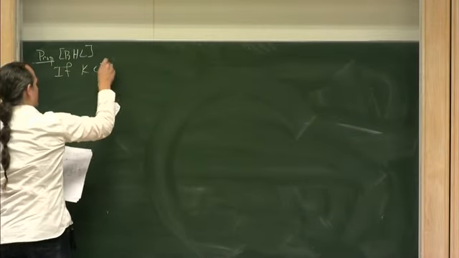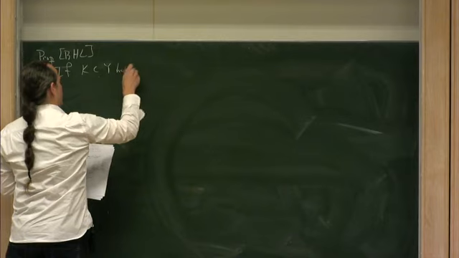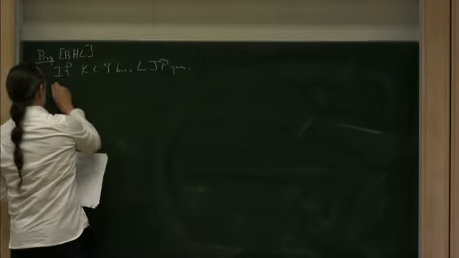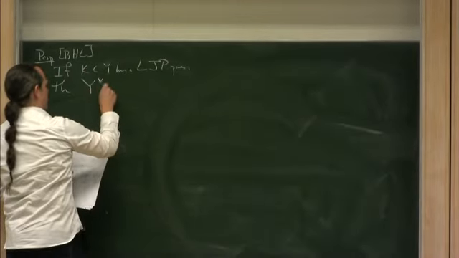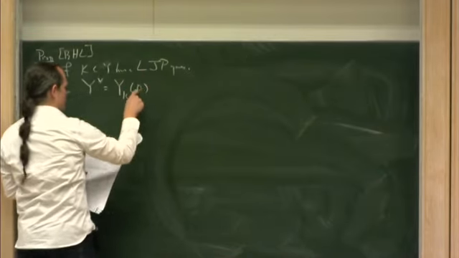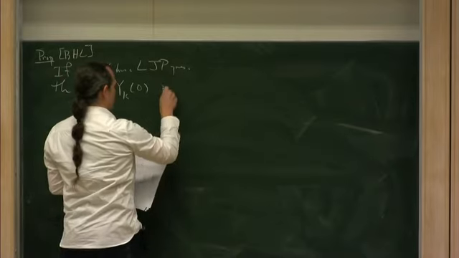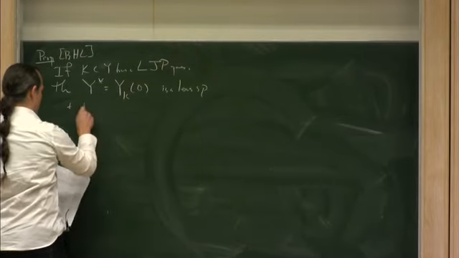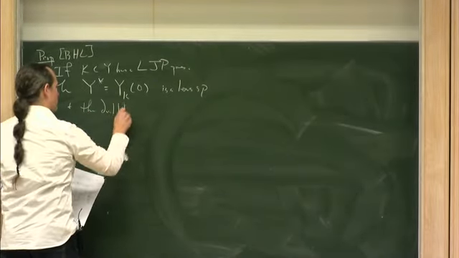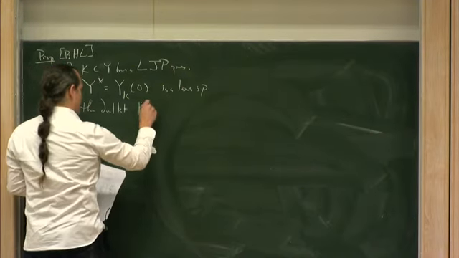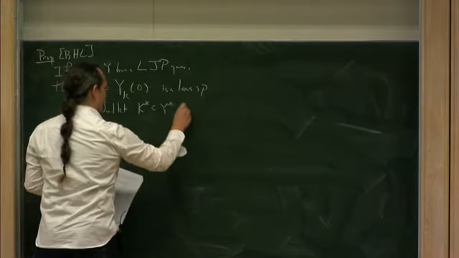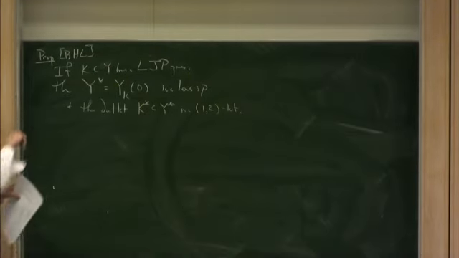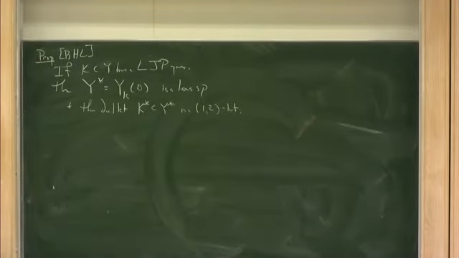If K in Y has a longitudinal jointly primitive presentation, then Y star, being this Y_K, the sigma-framed surgery, is a lens space, and the dual knot K star in Y star is a 1-2 knot. I mean, it could be a 1-1 knot or a 1-0 knot, but it's at least two bridge.